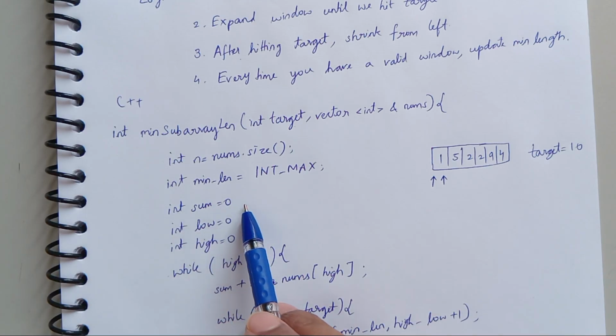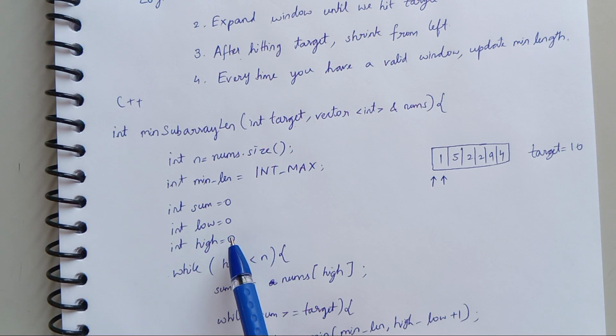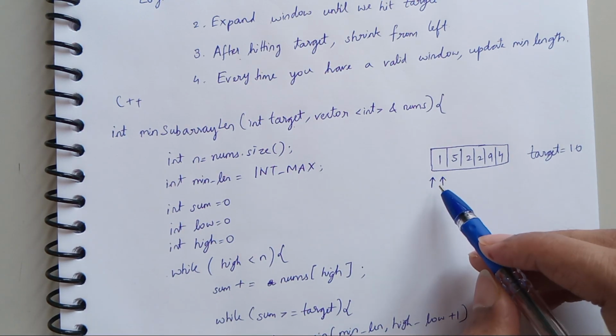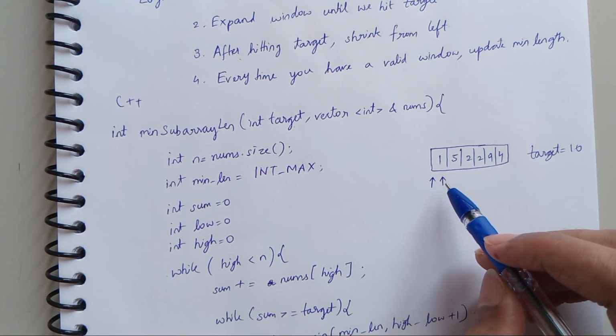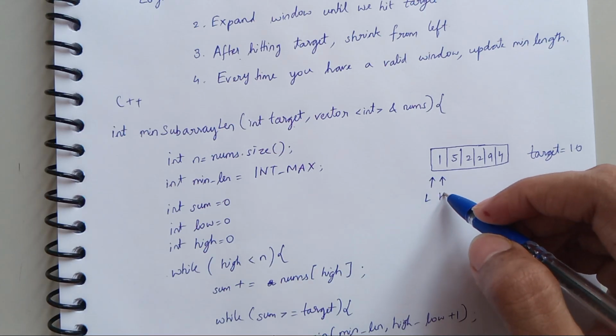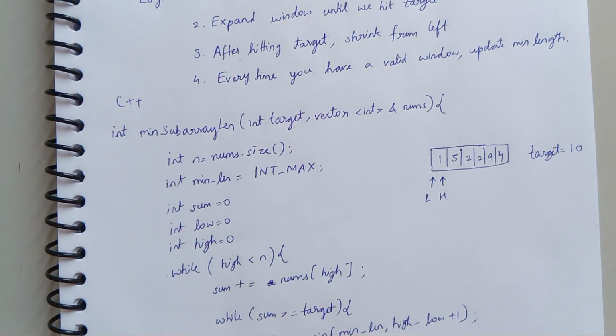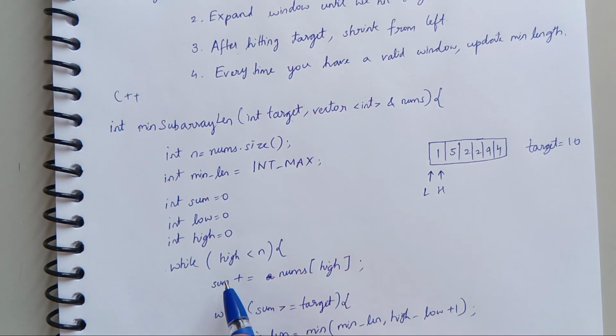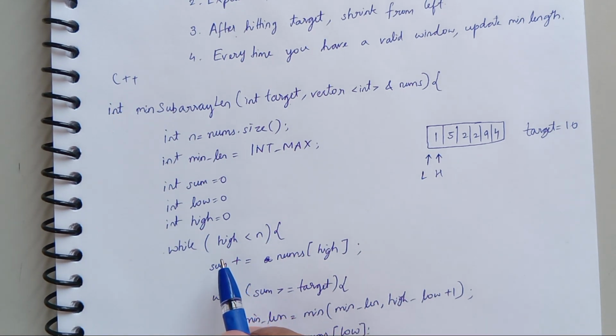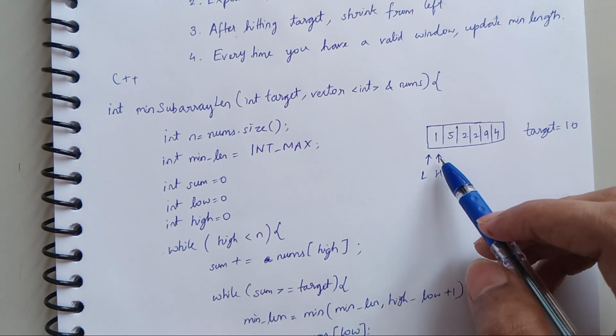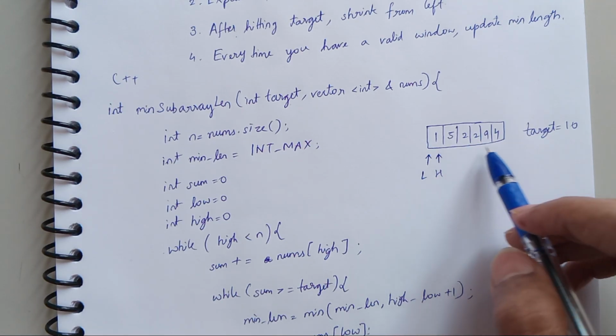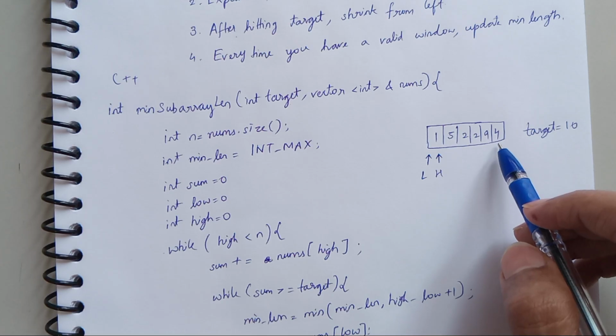Next, int sum equal to 0, int low equal to 0, and int high equal to 0. So we initialize both the low and high pointers from the starting of the array, and we have the target 10. Now we run a loop where we traverse this right pointer and we move to the right side till we reach the end of the array.